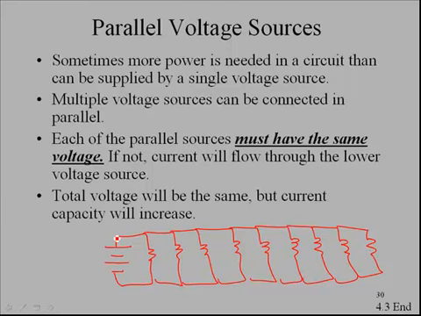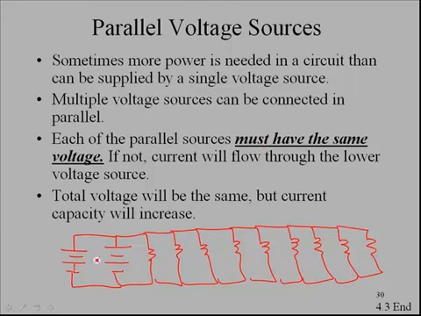So what you can do is put another power supply in here and connect it in parallel with this power supply, and this could help in supplying the additional current needs of all these components. Now, if you're going to do this, it must have the same voltage.